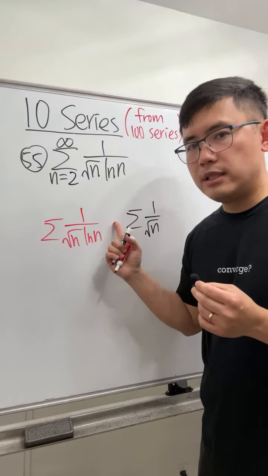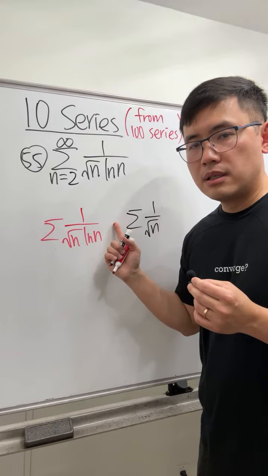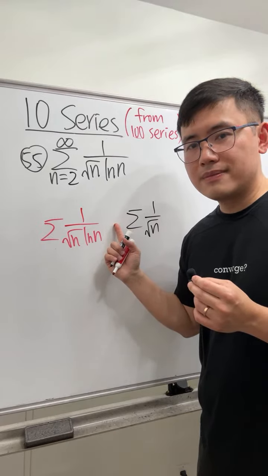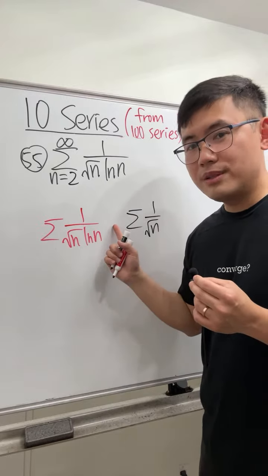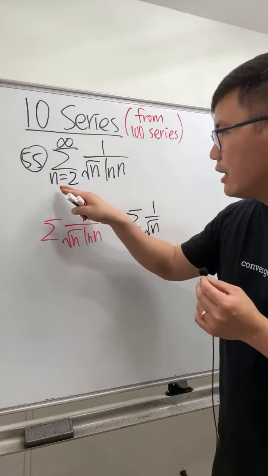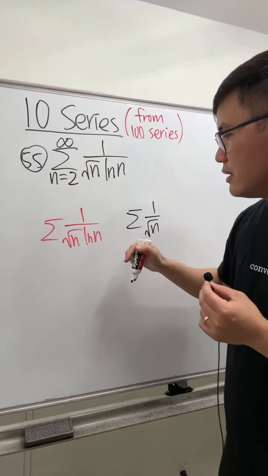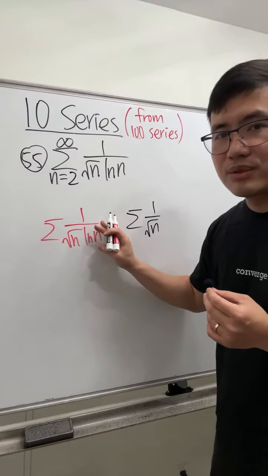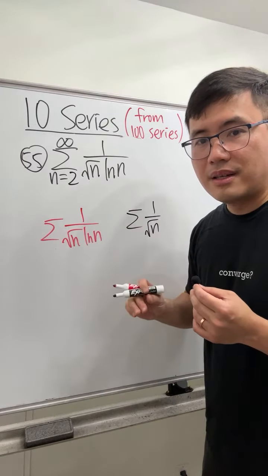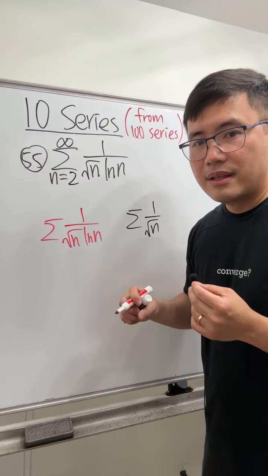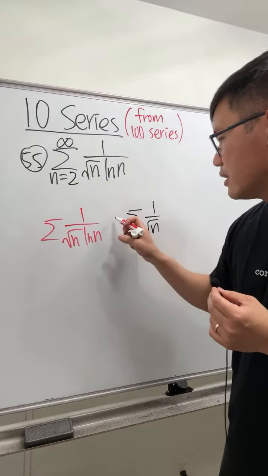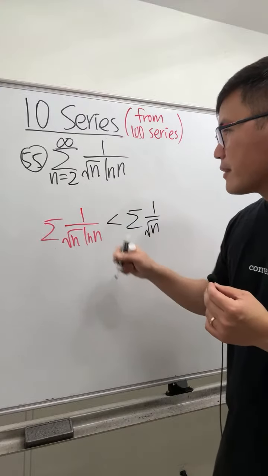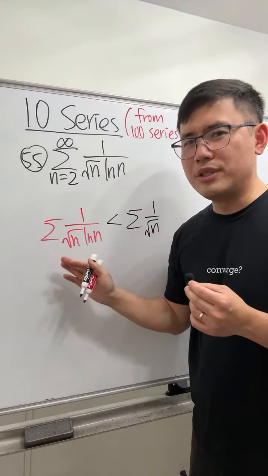What inequality goes here? n begins with 2 to infinity. You can kind of just ignore that actually. Yeah, technically it's going to be less than if you just compare the expression, yeah? The starting number doesn't really matter that much.